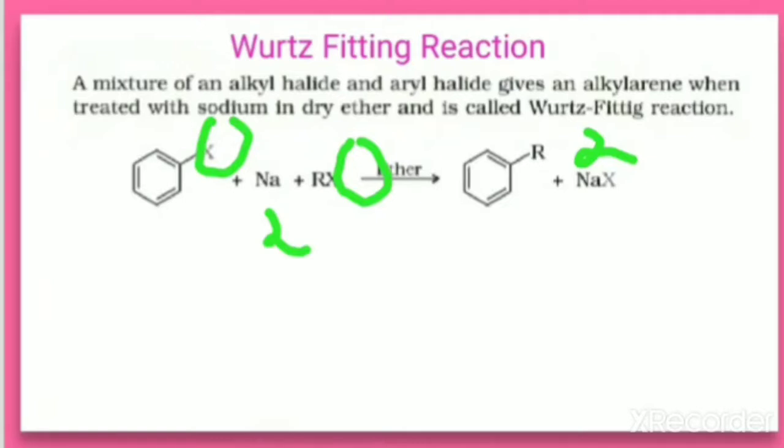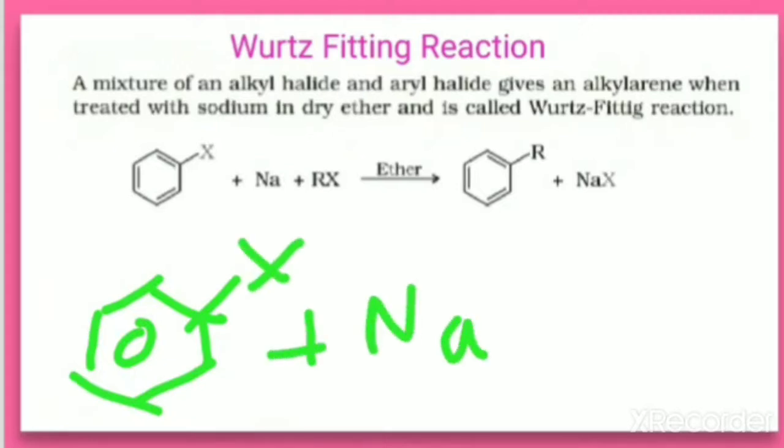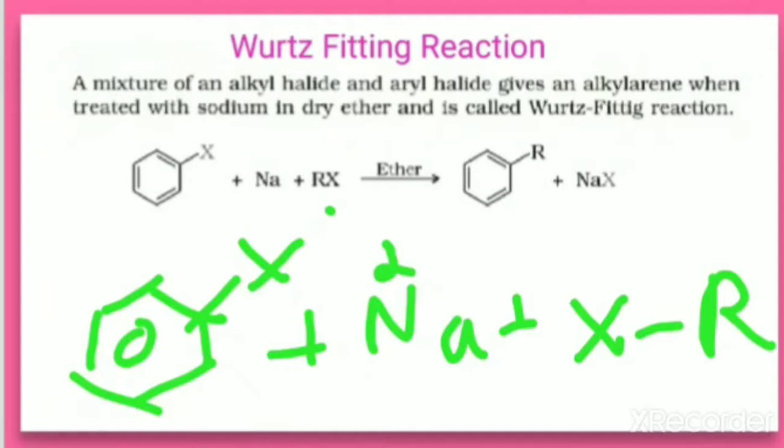So once again look at the equation here, how the side product is formed. Better I will write it in this way, so that it will be more comfortable to make the product. This is aryl halide plus twice Na plus RX, I am writing in the reverse order, XR. At that time this part will get removed. That is, here the bond will break.